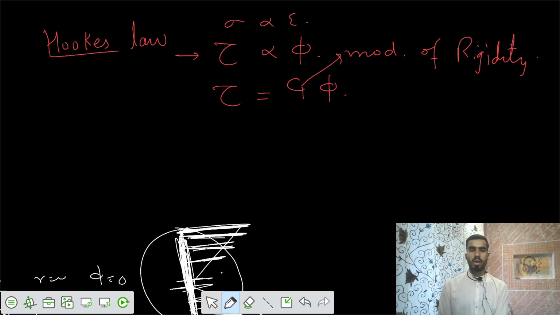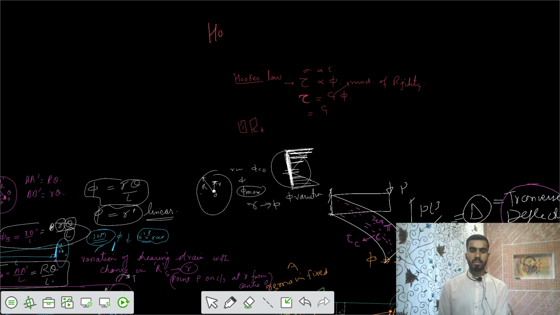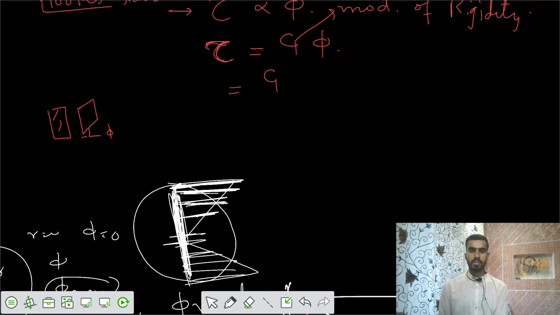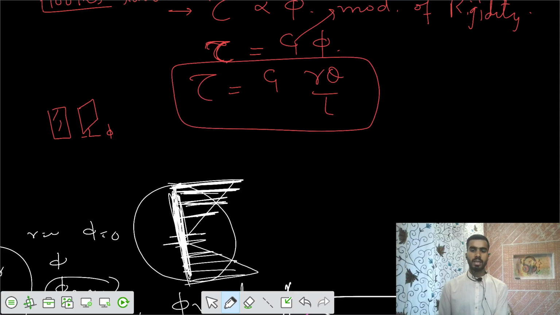So what is the value of shear stress that is developed because element A became distorted by some shearing strain phi? Tau equals G times phi. The value of phi we derived is r theta by l. So your shear stress equals G times r theta by l.